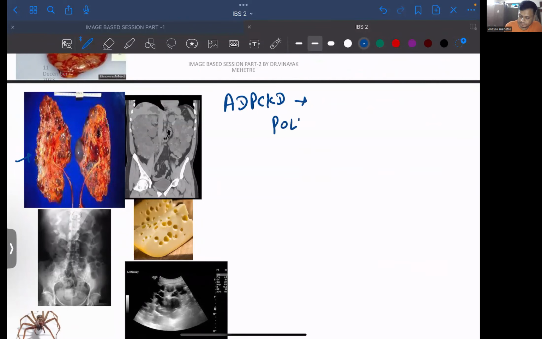Anyone? Gene number is 16. Calculate the alphabet of polycystic kidney, read it up.